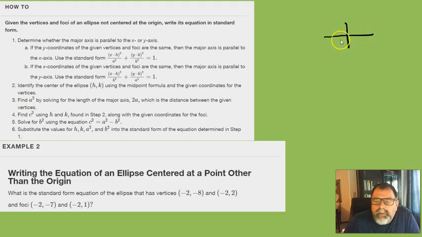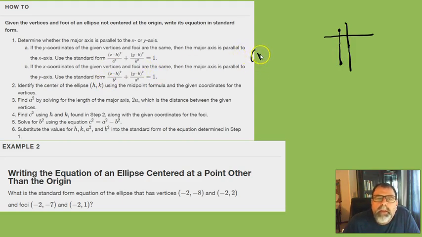So -2, -8, and then -2, 2. So that's going to give me my major axis, which is vertical. So that tells me I'm going to use this form.